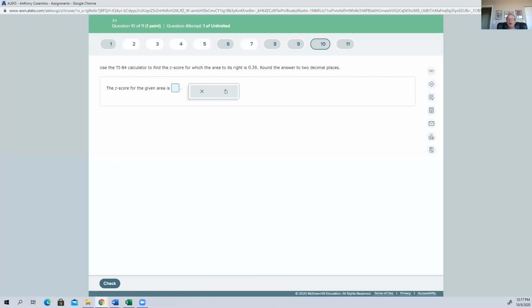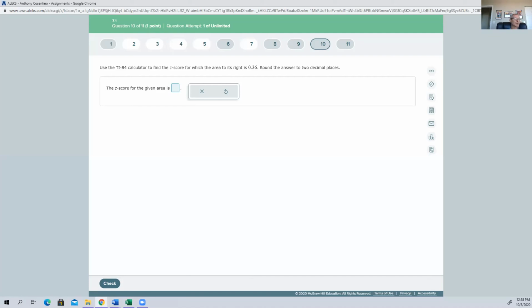So one more example here. Use your calculator again, but again, you could use the spreadsheet or you could use the tables as well to do this calculation. Now this one says a z-score which is to the right, 0.36.